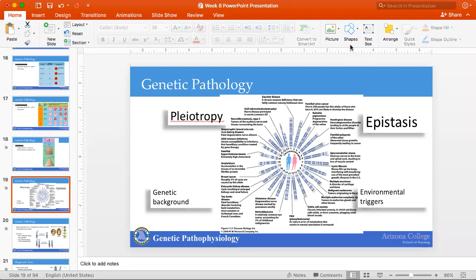Epistasis, the interaction between genes is antagonistic. So like one gene masks or interferes with the expression of another. An example may be pigmentation in mice in their color, or in flowers.